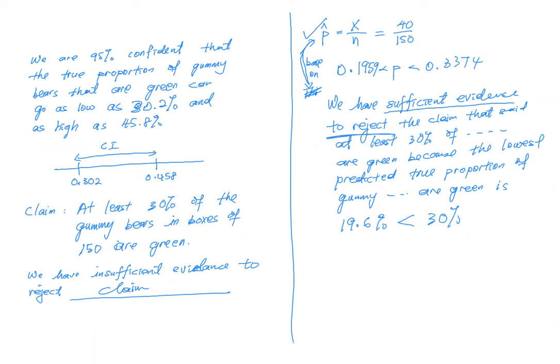You get it? So try to use sufficient evidence to reject. Evidence means the sample proportion that you get. Both mean and proportion are the same. It's just that the calculation is different.